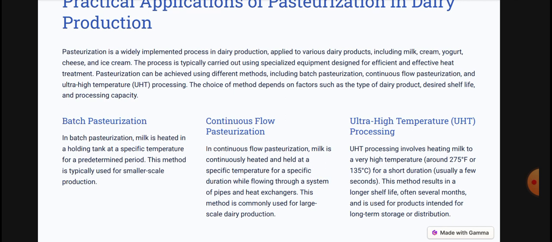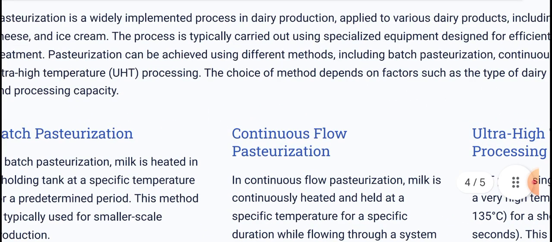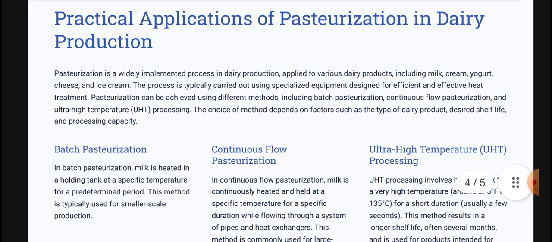The process is typically carried out using specialized equipment. Pasteurization can be achieved using different methods like ultra high temperature, UHT. So you could find this abbreviation here, UHT processing. Ultimately it is a preservation procedure to preserve milk and milk products, right?